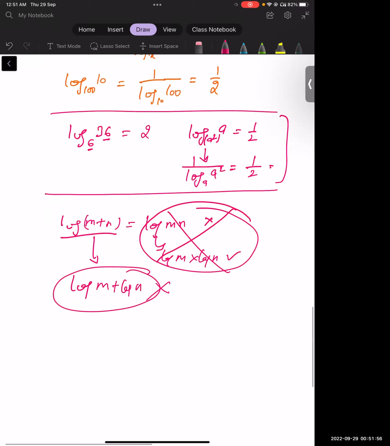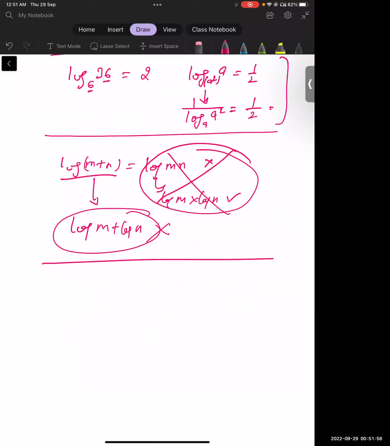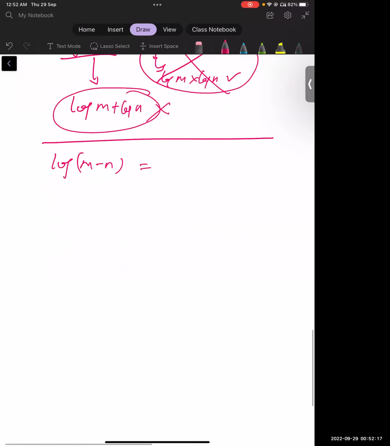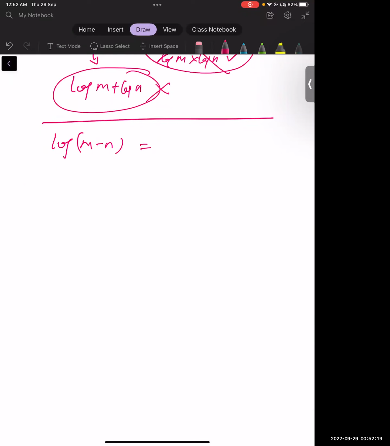And another problem is in the same property: when the students see log m by n, they know the property log m minus log n. But what about this? If the student knows the property is log m minus n, what should it be? Log m minus n.